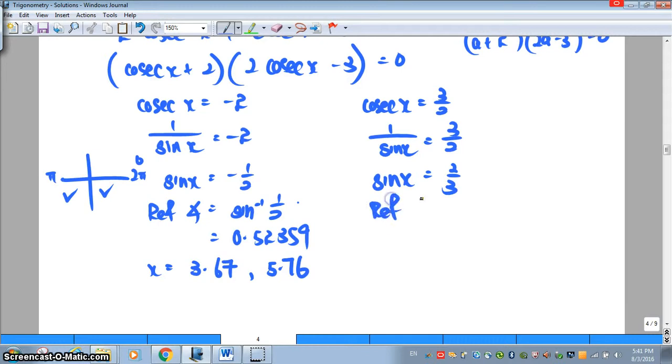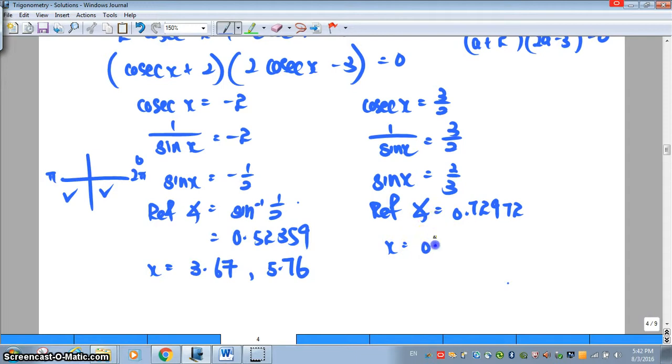Finding the reference angle again, the use of the calculator. Your reference angle in this case will be 0.72972. Okay, since sine is positive, it must lie in the first quadrant.